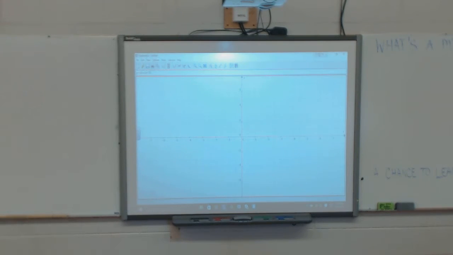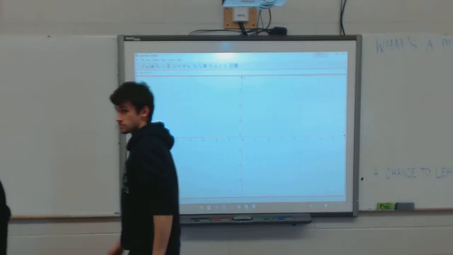Change your window on your calculator to minus 10, 10, 1, minus 10, 10, 1. Where's your graphing calculator? You need one. Go to the library and get one. Go get a calculator.